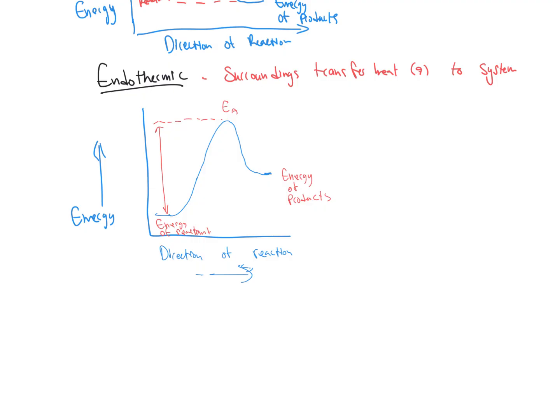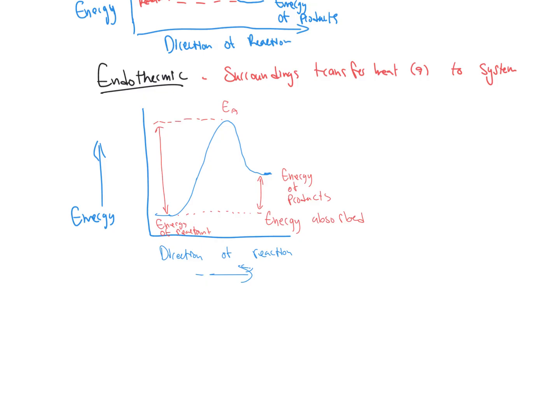And this right here, the difference between energy of reactants and energy of products, in the case of endothermic, because now your products are higher energy, is the energy absorbed by the reaction. So this is a visual way of showing an endothermic and exothermic reaction.